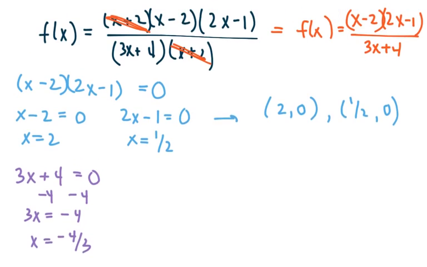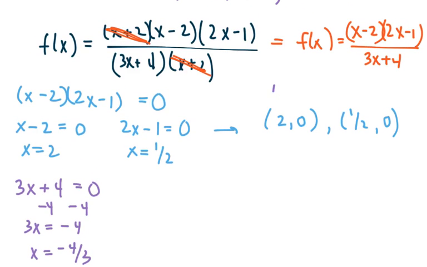Okay, and then last but not least, we need to check for a horizontal or oblique asymptote, right? So we look at the degree of the numerator and the degree of the denominator. So we need to multiply this out real quick, right? f of x equals 2x squared over 3x plus 4. I don't actually have to multiply the entire thing together because I'm only worried about the highest degree.